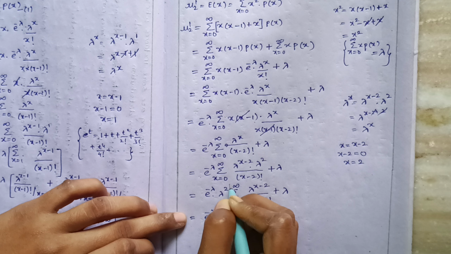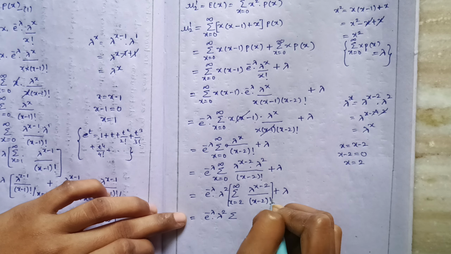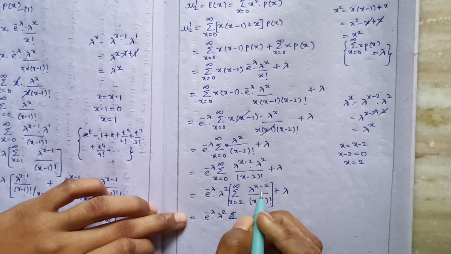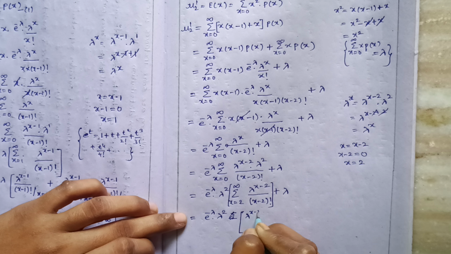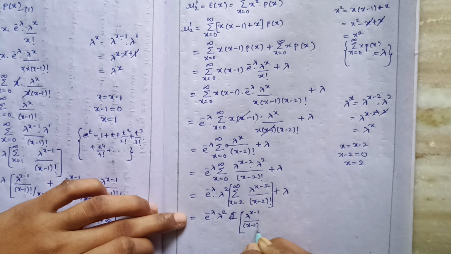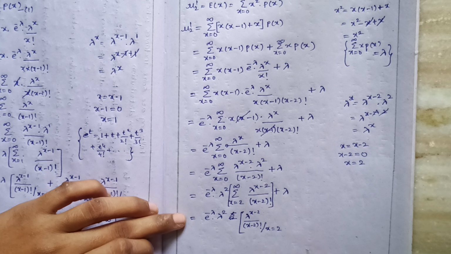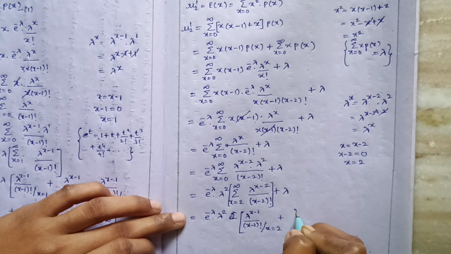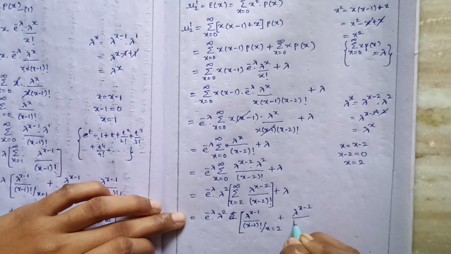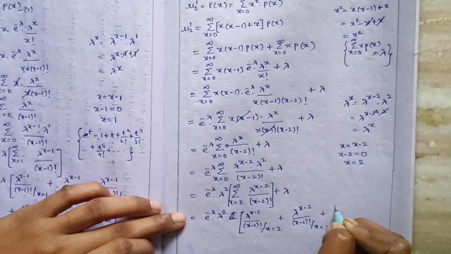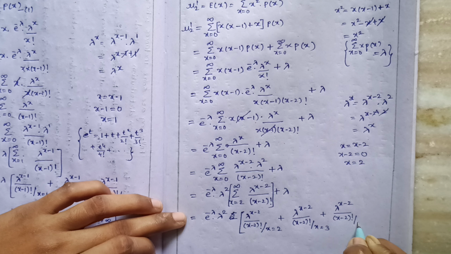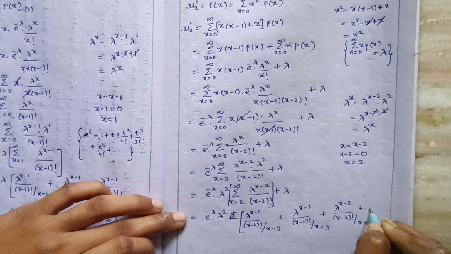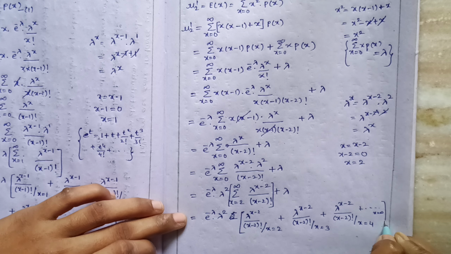So I can write this summation term as lambda to the power of x minus 2 by (x minus 2) factorial where x equals 2, plus lambda to the power of x minus 2 by (x minus 2) factorial when x equals 3, plus the same when x equals 4, and so on up to x equals infinity.